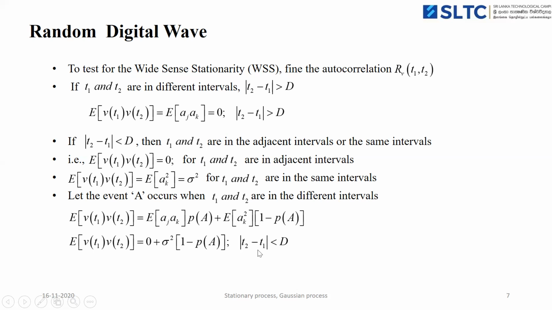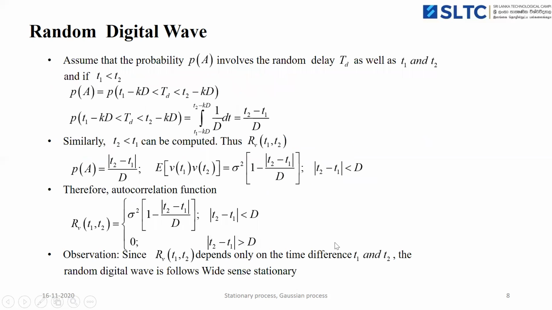This is if t2 minus t1 is less than D. Assume that the probability of the event A, P of A, involves the random delay, so we are considering that random delay to find the probability of the event A, as well as t1 and t2.